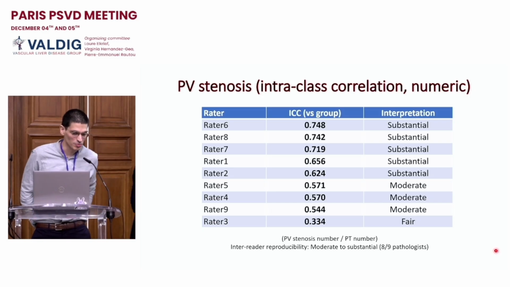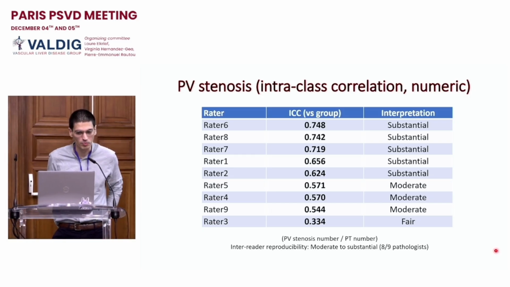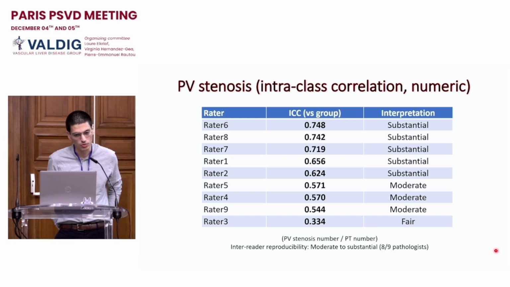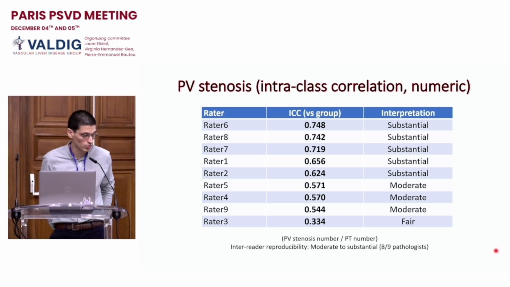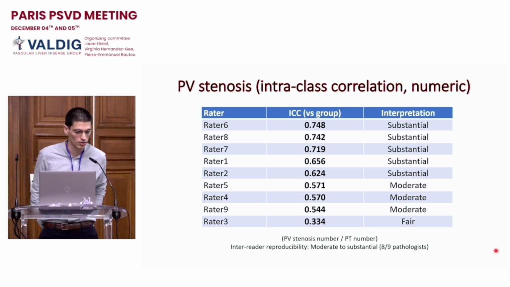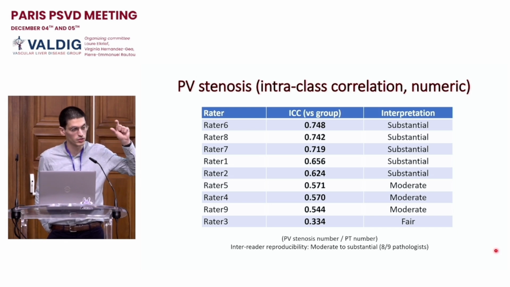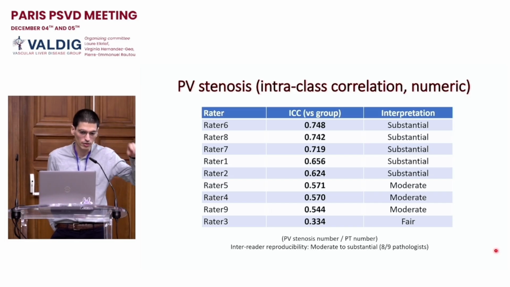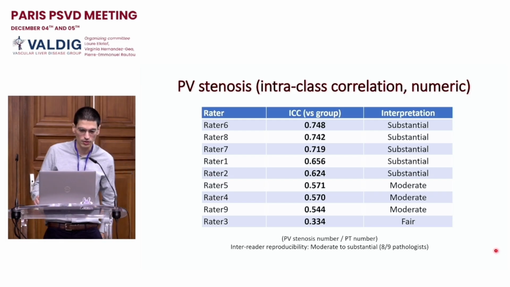I think you would expect it, but the kappa is not one. First, portal vein stenosis is the one with the most correlation, or more agreement. This is data from the first part, the 58 biopsies, where each of us counted the number of portal tracts. For portal vein stenosis, it's not kappa, it's intra-class correlation, but it's interpreted in the same way.